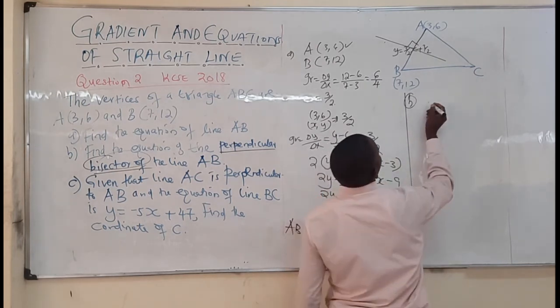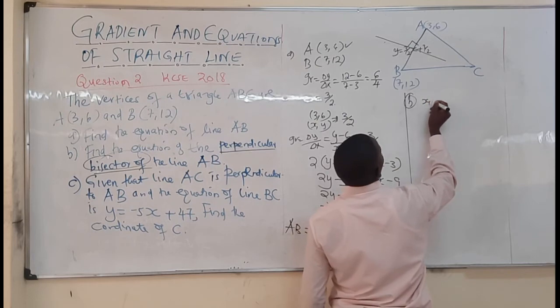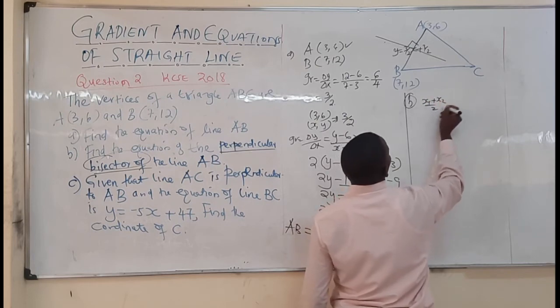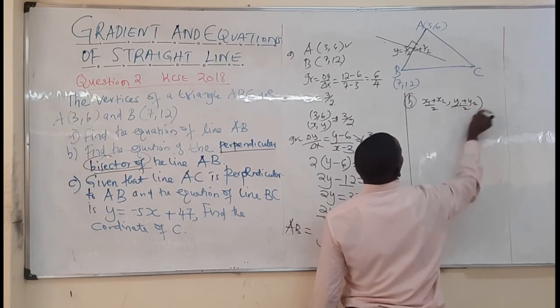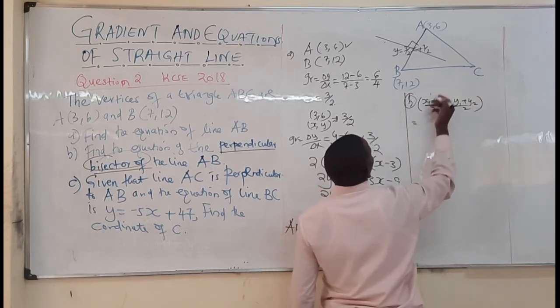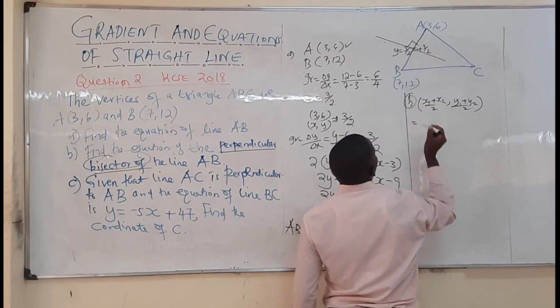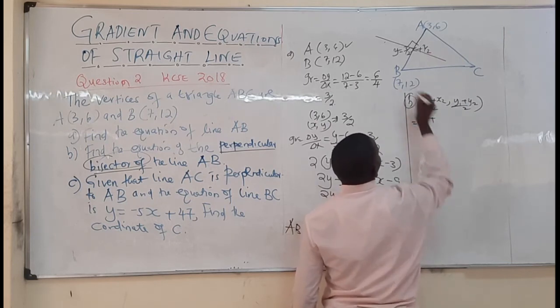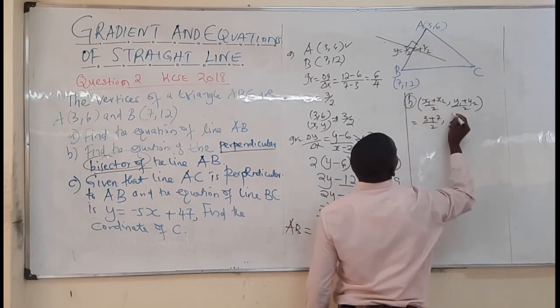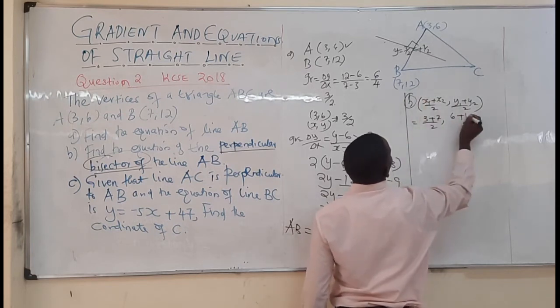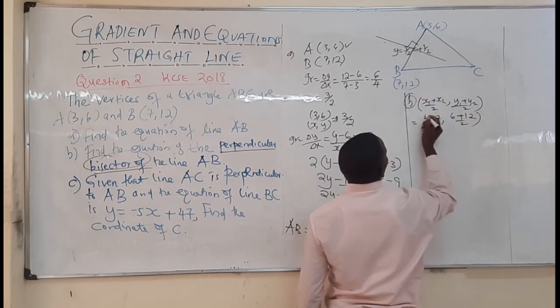So the midpoint is going to be x1 plus x2 over 2, y1 plus y2 over 2. So x1 being the value of x in A is 3 plus 7 over 2, then y is 6 plus 12 over 2.